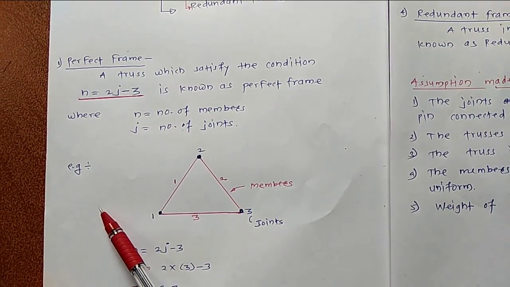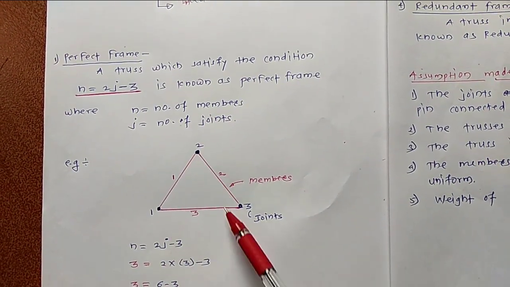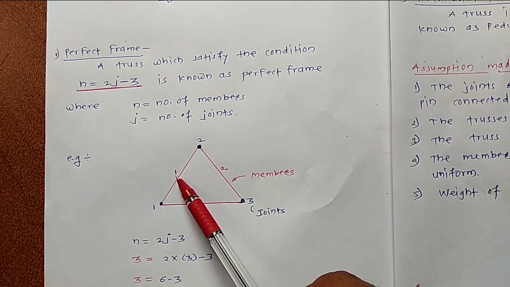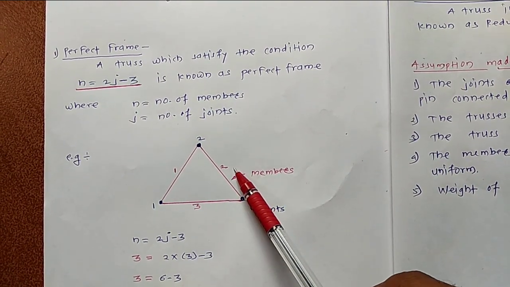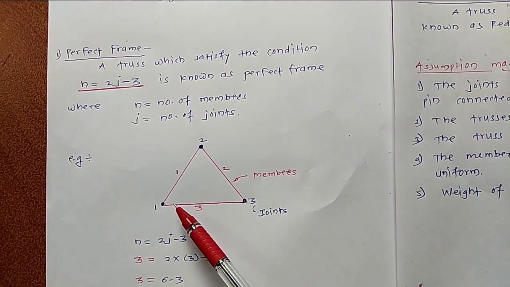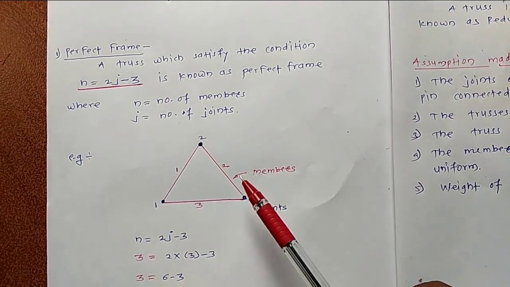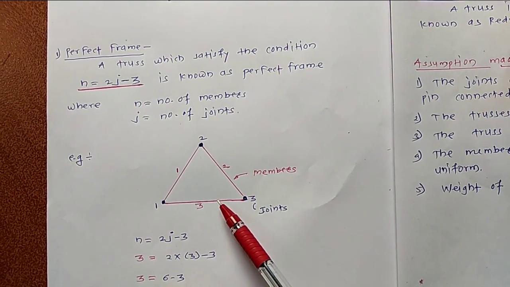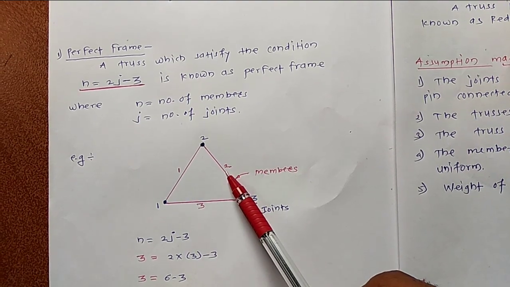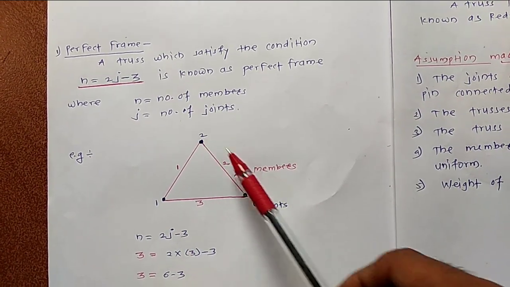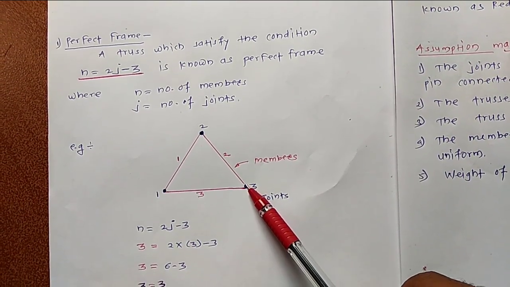frame. For example, consider a simple frame having number of members 1, 2 and 3, and number of joints 1, 2 and 3. The red color indicates the members and the blue dots indicate the joints.